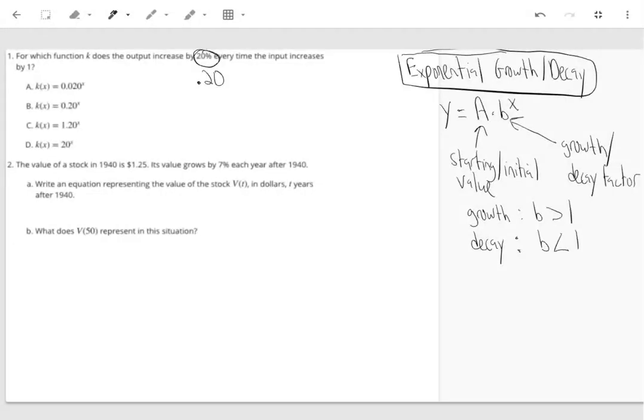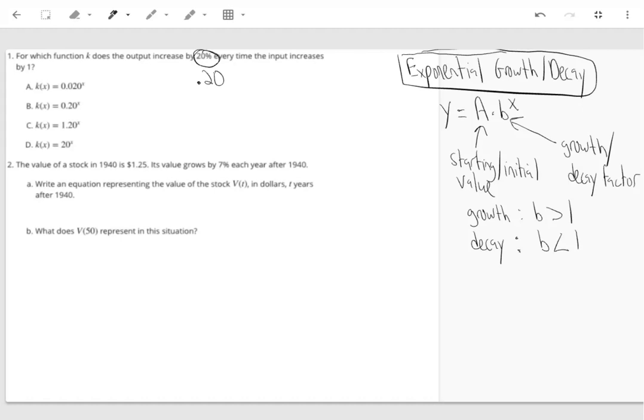What's interesting is that we are increasing by a percentage, so we have exponential growth. We also know that means our growth factor has to be greater than 1.